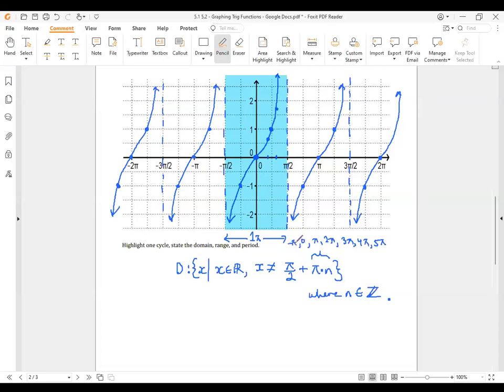It could be negative 1 pi, negative 2 pi, so on and so forth. It will cover every single multiple of pi over 2. Okay, in that sense. And the period, well, sorry, we got the period here, so it's 1 pi long. For the range, it's anything. Y belongs to any real number.